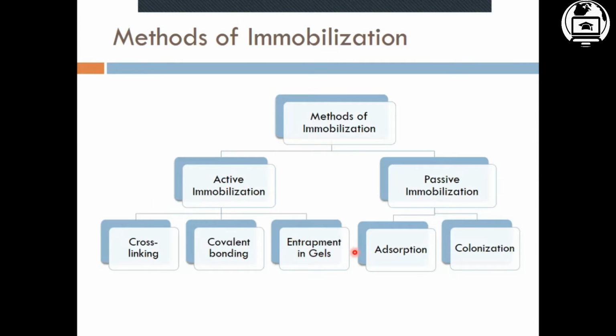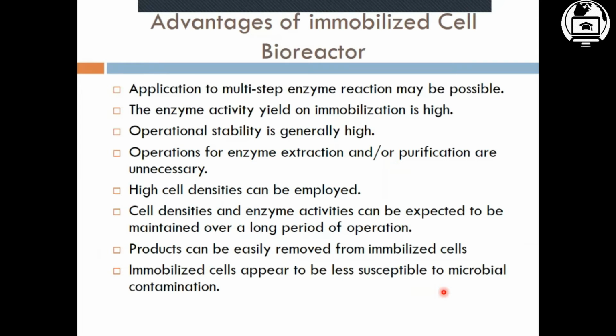They are all active immobilization. And in passive immobilization, there is adsorption on some surface, or colonization on some surfaces. These are different approaches in immobilization. We will discuss these approaches later when we talk about biosensors.